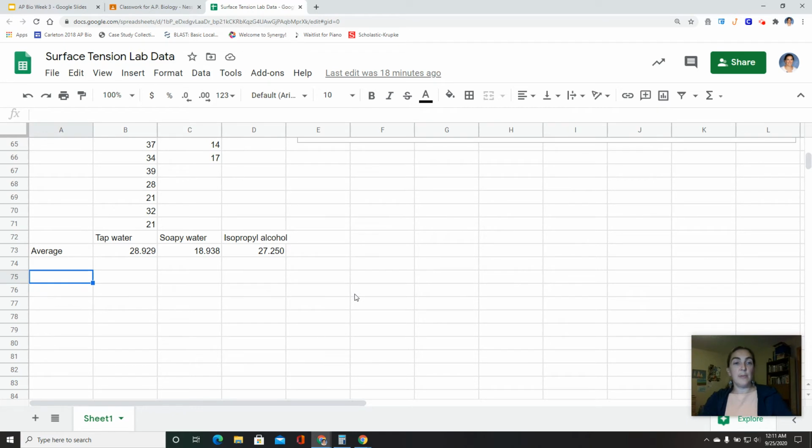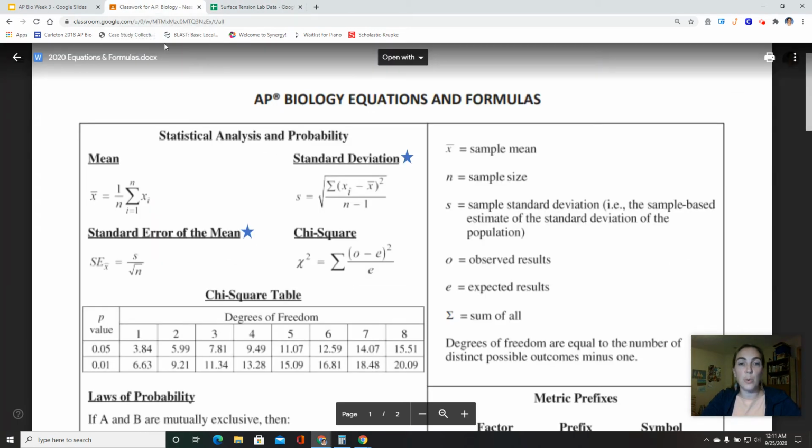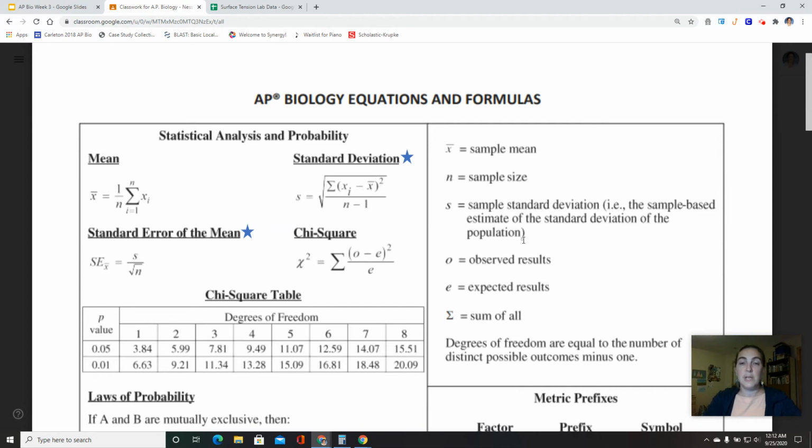So the next thing that I'm going to do, the equations for calculating these, first of all, are found on the equations and formula sheet. If you haven't looked at this yet, this document is found under the class materials in Google Classroom. And this is something that you will want to refer to pretty frequently throughout this class.